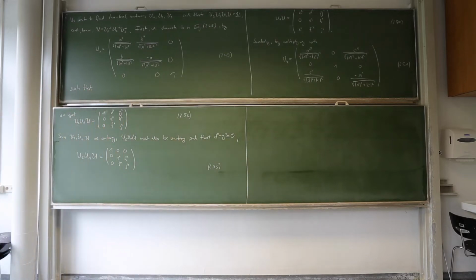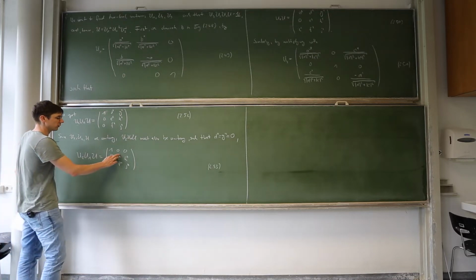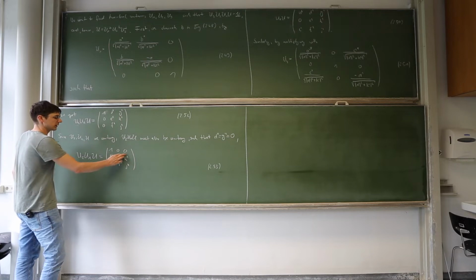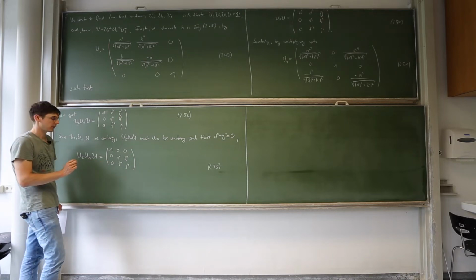And what we do now is we multiply with another two-level unitary so that this becomes the identity.